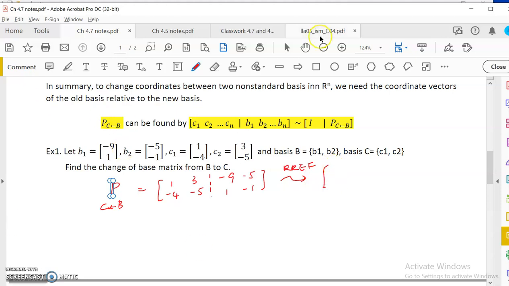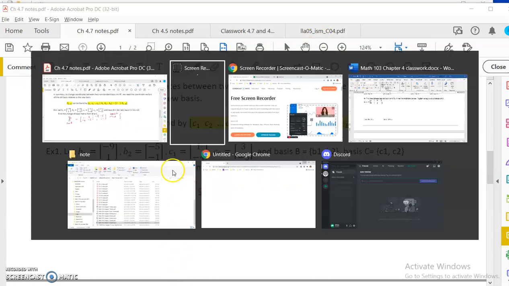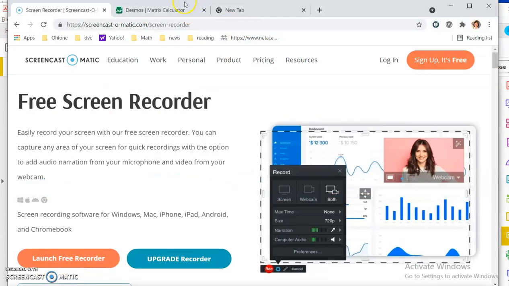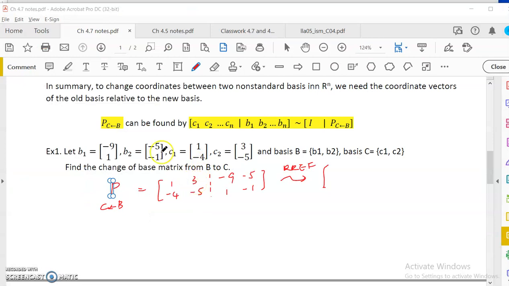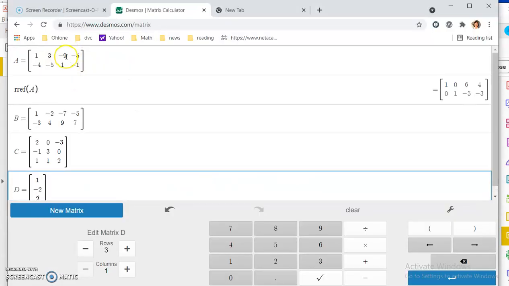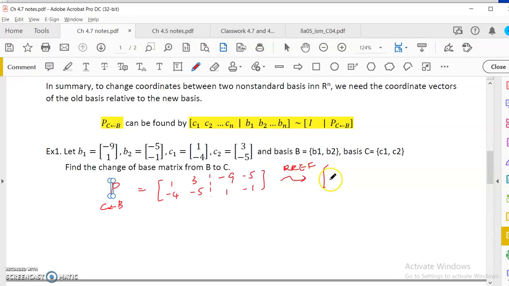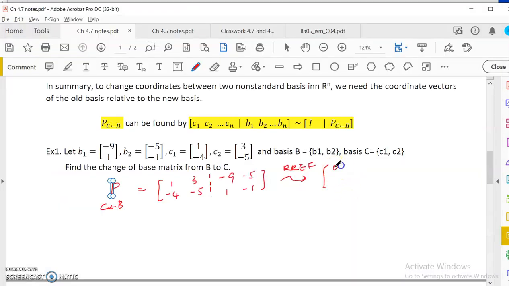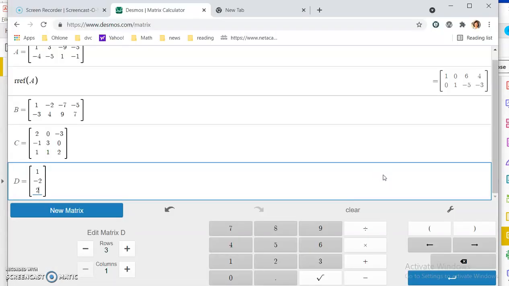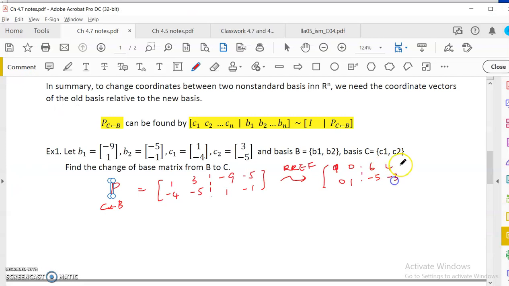So I have written it in my matrix calculator. So 1, negative 4, 3, negative 5, negative 9, 1, that's my A. And I do RREF of A. It becomes 1, 0, 0, 1, 6, negative 5, 4, negative 3.